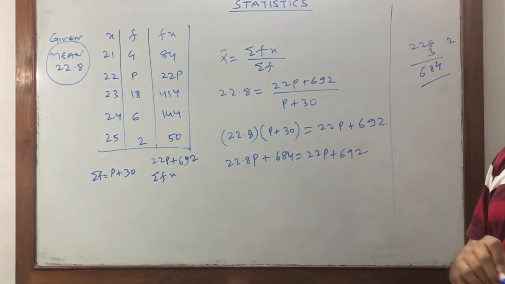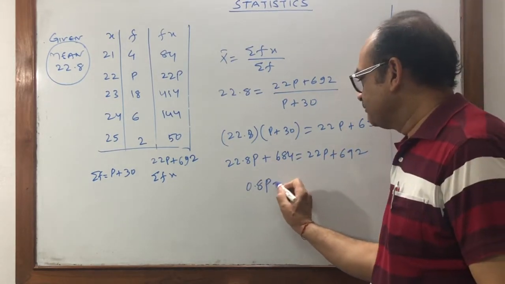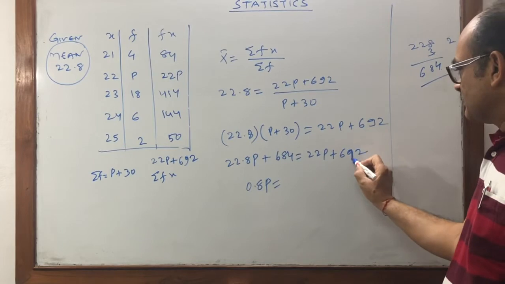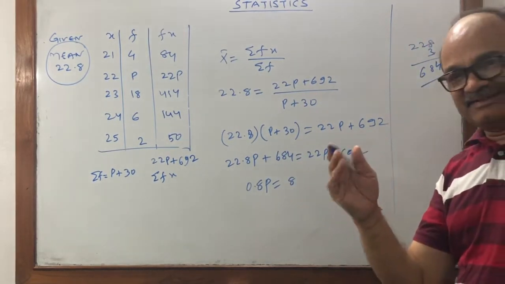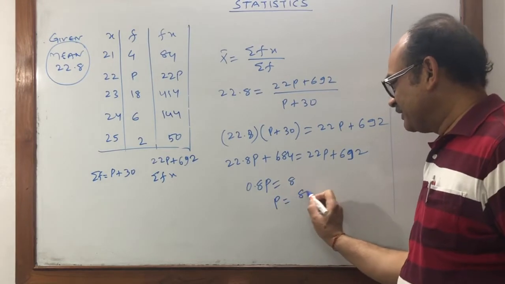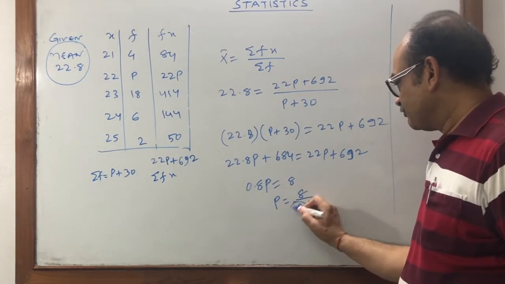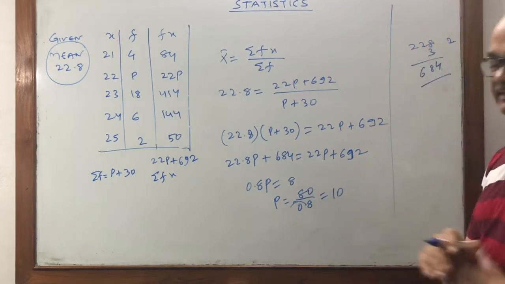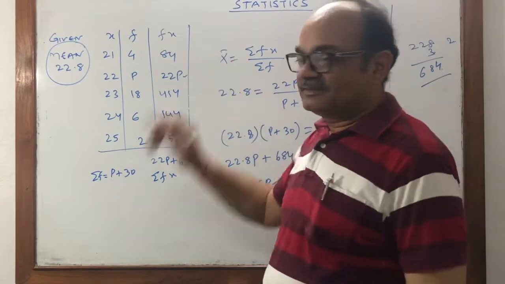Our aim is to calculate p. So all p on one side. So this side we have only 0.8p and this side 692 minus 684 means 8. Simple calculation. So p equals 8 divided by 0.8. If we remove the decimal, what are we getting? 10. So the missing frequency is p.